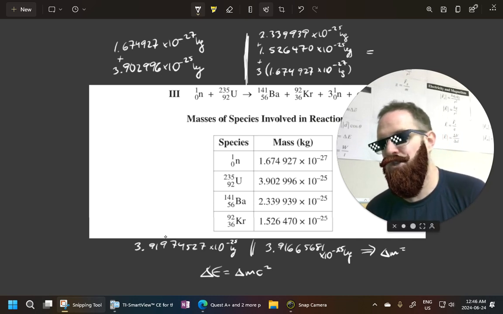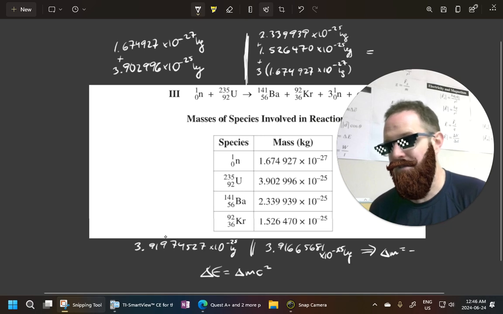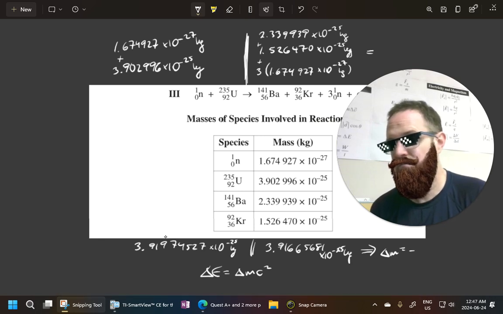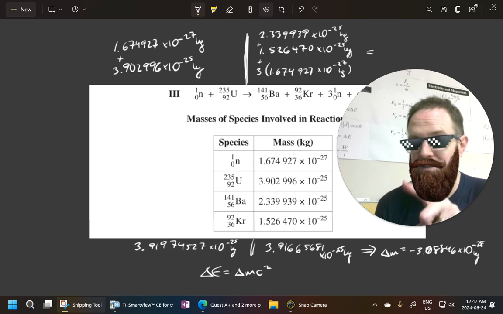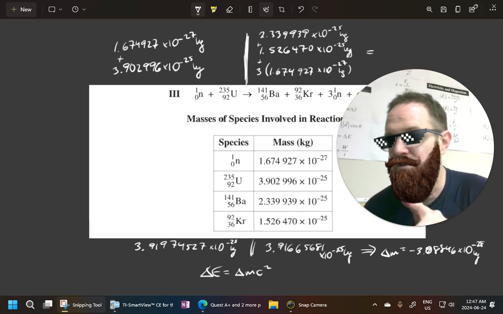And I get a change in mass to be minus, because final minus initial, 3.08846 times 10 to the negative 28 kilograms. Everything's in kilograms, which is nice, so I don't have to worry about changing these units.